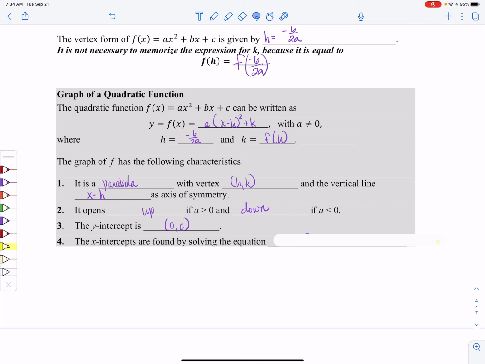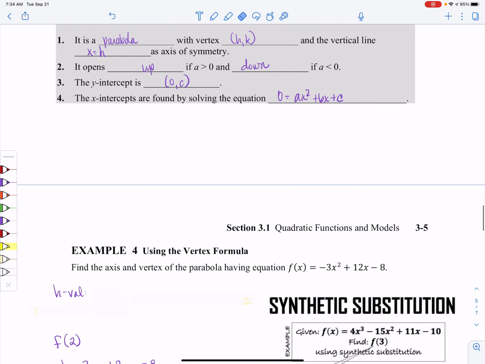So if you go back up to this, if you plug in 0 for all of your x's, the only thing that's going to be left over is your c value. And the x-intercepts are going to be found by solving that quadratic equation, the one that we've seen so much already this semester, 0 equals ax squared plus bx plus c.